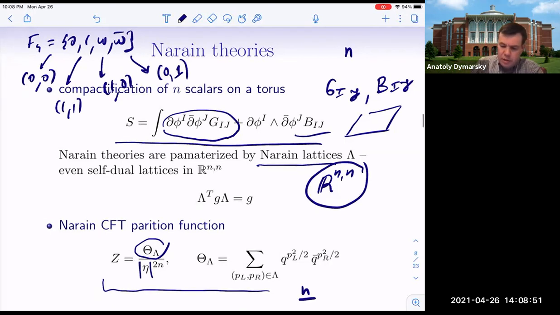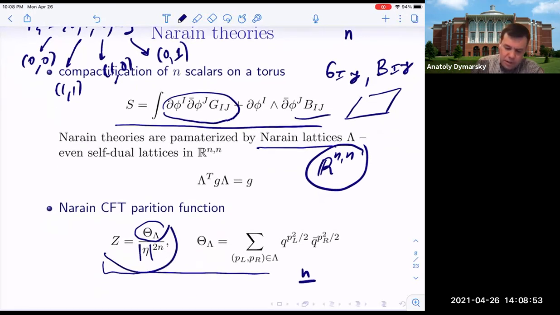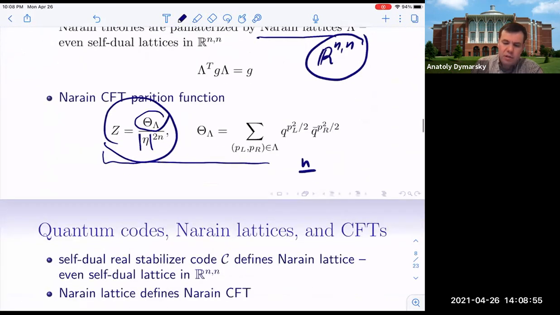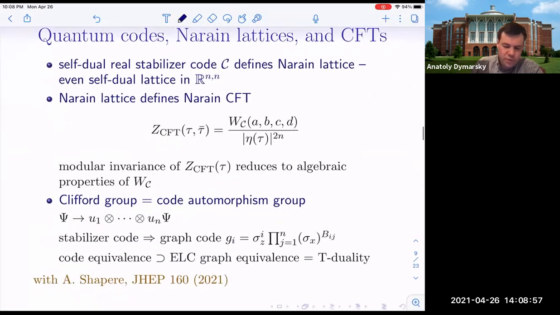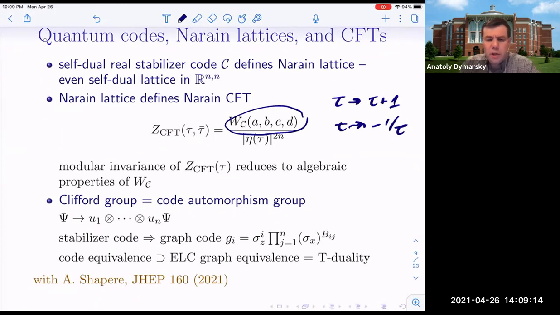And then, of course, the punchline here is that this partition function can be given in a very simple way by an enumerator polynomial of a quantum code. And as you can already guess, modular invariance, which is an invariance under 2 transformations, is guaranteed if your enumerator polynomial satisfies those 2 identities, which I have highlighted 2 slides ago.